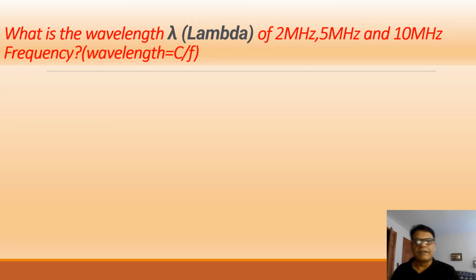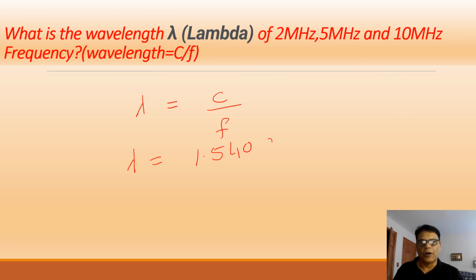So what is the wavelength of the 2 megahertz, 5 megahertz, and 10 megahertz frequency? So we have already derived the equation of the wavelength. That wavelength is equal to C over frequency. So what will you do? C is already known, that C is the speed of sound, that is 1540 meters per second.